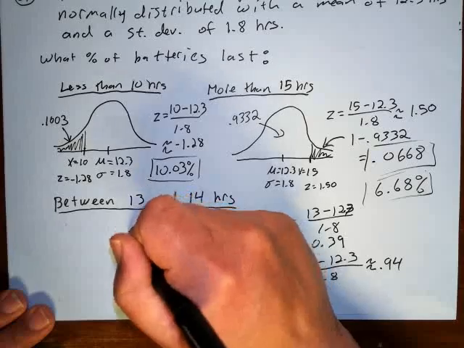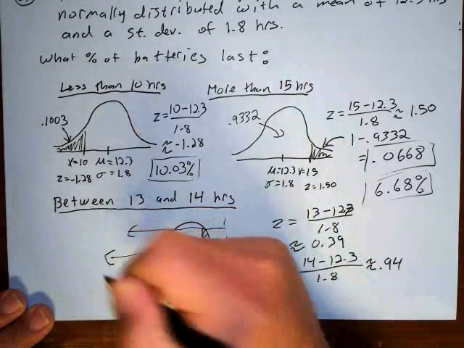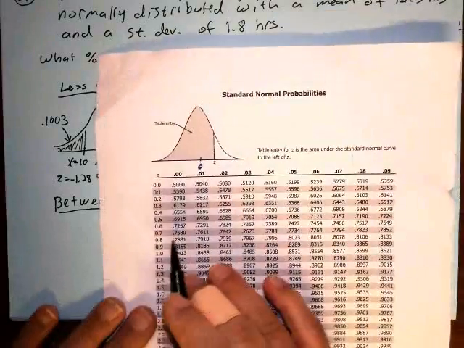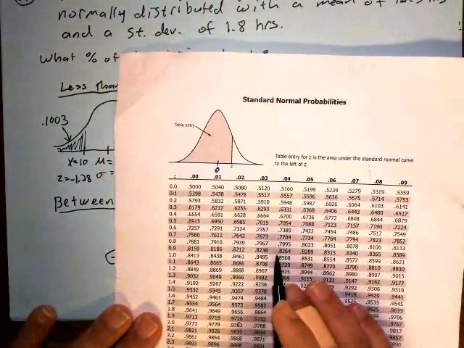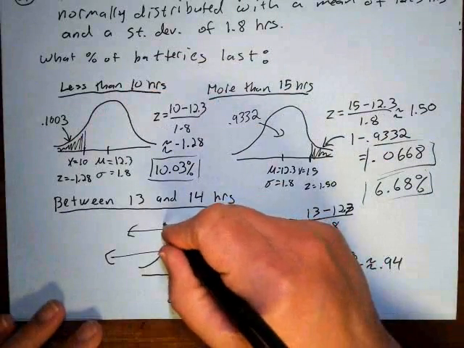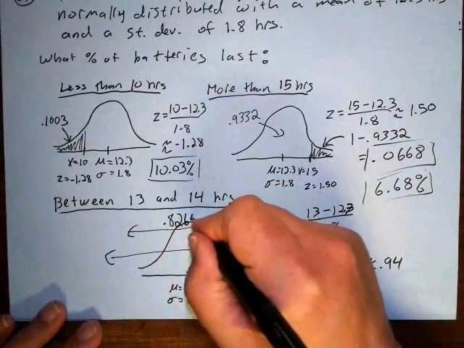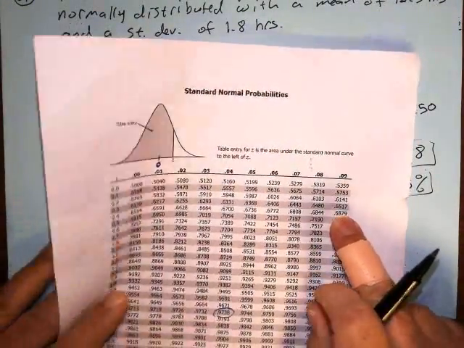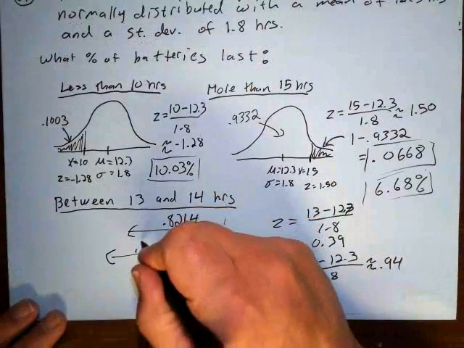I'm going to find these two areas and subtract them. They're both positive, so we go on the positive side of the table. I look at 0.94 first, and I get 0.8264. And then I look up 0.39 next. I get 0.6517.